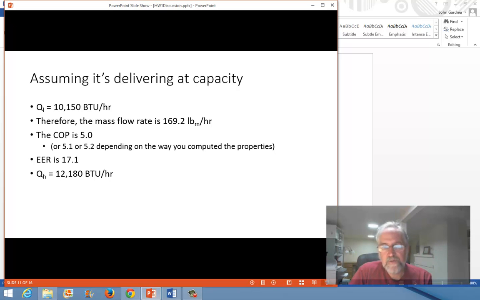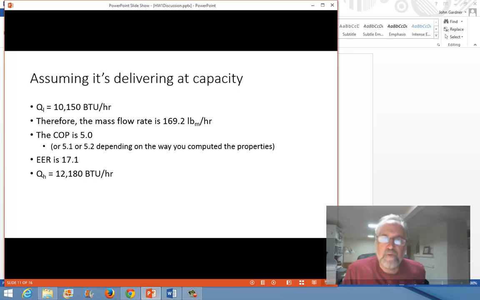The COP you calculate out here is around 5, but again, depending on where your properties come from and how many significant digits you carried around, I got 5.1, I got 5.2, so it's very, very sensitive to enthalpy numbers. EER is just a quick change over from 5 to 17.1. All of you saw that conversion factor.